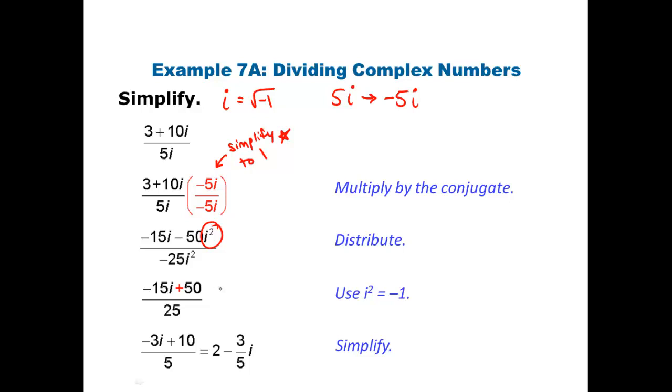Okay, now when we simplify this, we can do -15i over 25 plus 50 over 25, okay, separating the denominator. So the 50 over 25 is where we got 2, and this -15i over 25 simplifies here. Okay, so just a little extra work shown there if we need it to simplify.